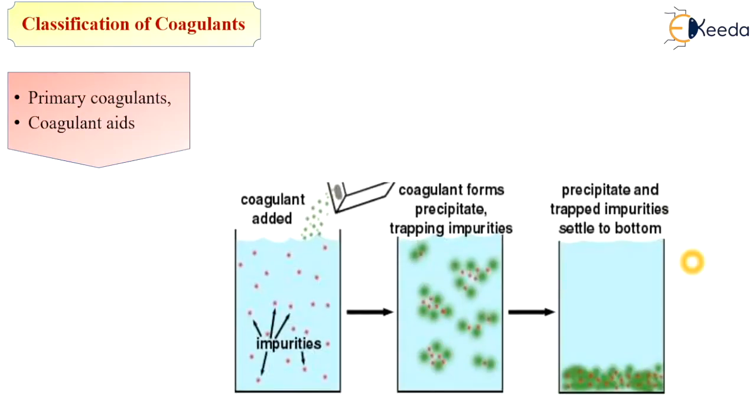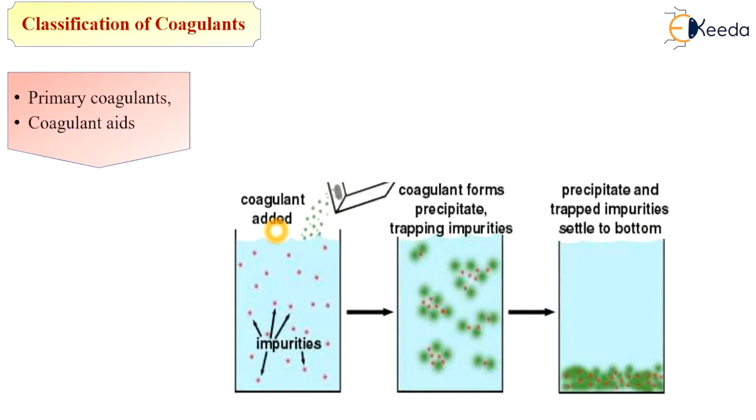First of all, we will see the classification of coagulants. There are primary coagulants and secondary coagulants, or coagulant aids. In the previous lecture, we already saw the coagulation process. What is coagulation? We add some chemicals called coagulants, which have positively charged particles, or the cations of aluminum and ferrous.